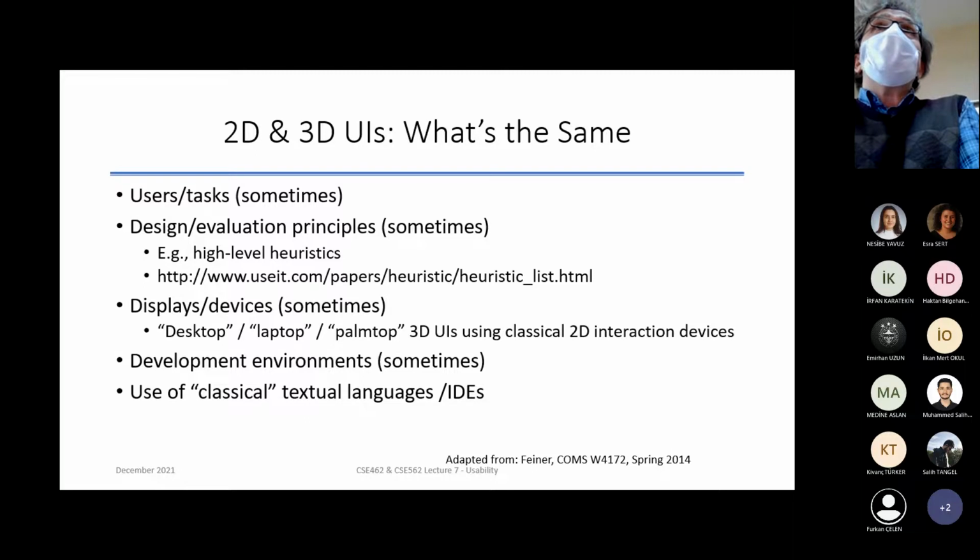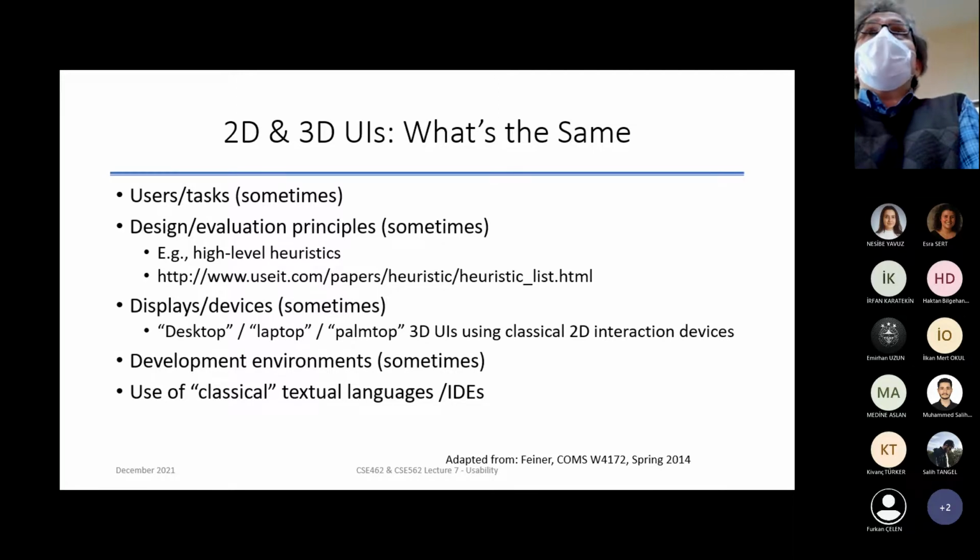And since we are appealing to different parts of the senses in different ways, 3D user interfaces and 2D user interfaces will have differences as well. So we have to be careful. We may need to use some different level of heuristics to make it happen. We are going to talk about that in a few minutes.